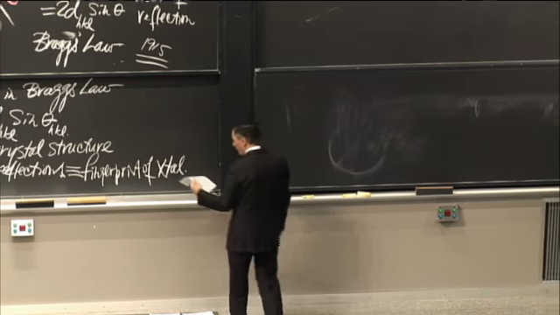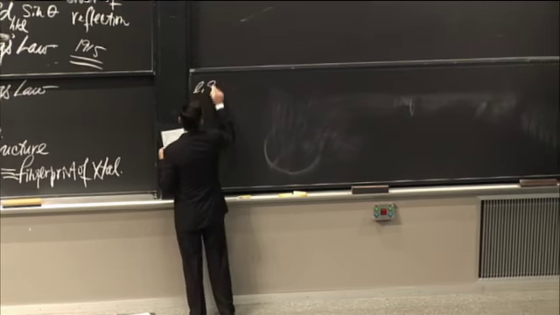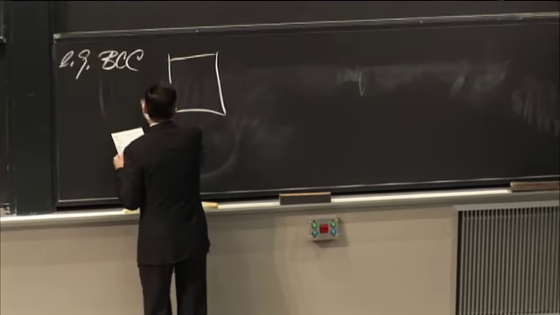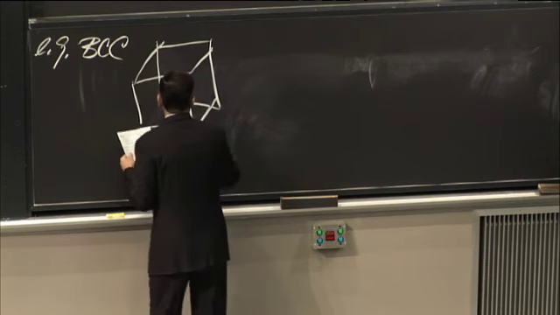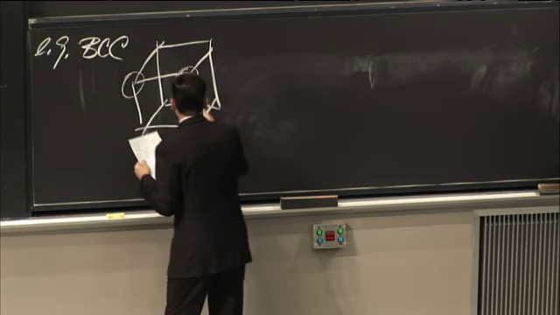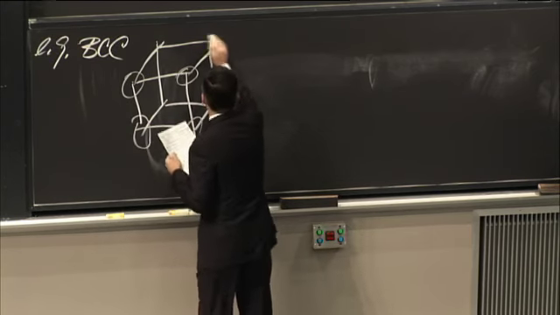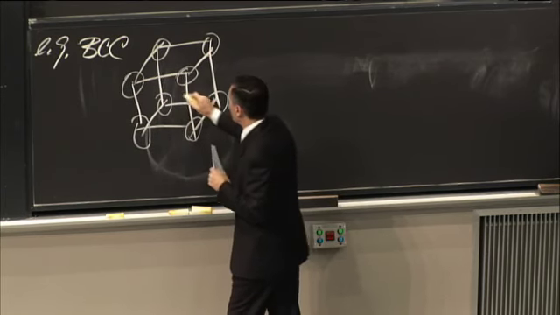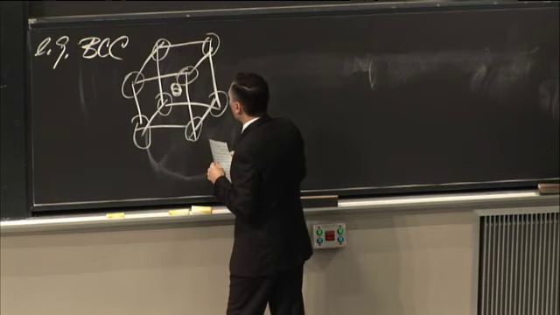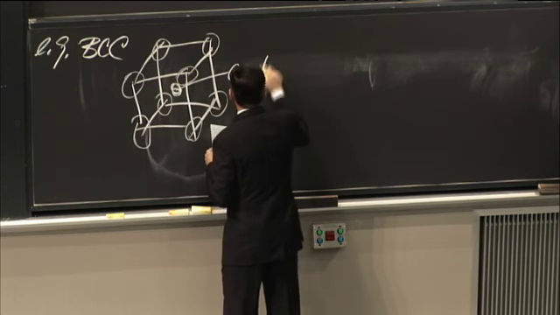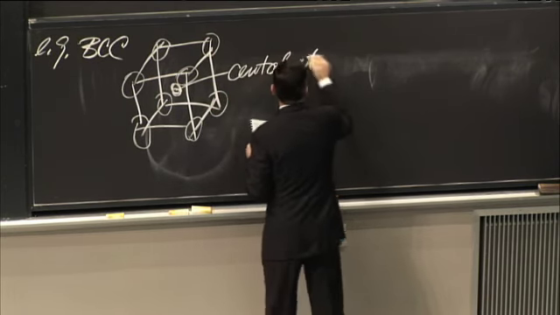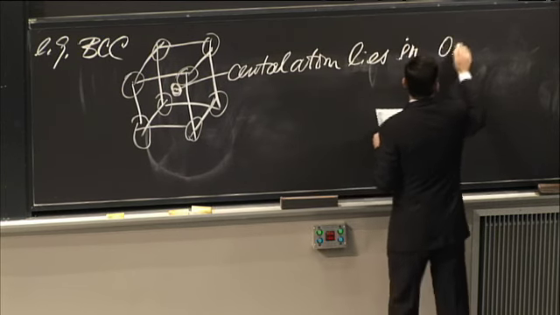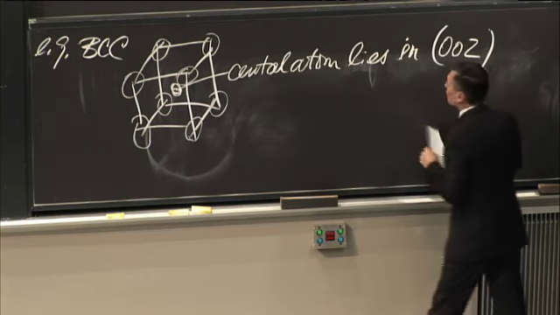So for example, in BCC, that's exactly the case that I just illustrated. In BCC, we have atoms at the 8 corners, and we have an atom dead center. There's a central atom, and the central atom lies in a 002 plane, doesn't it?